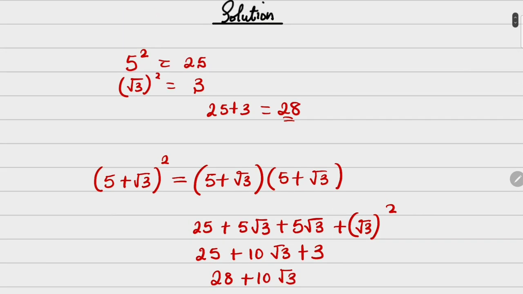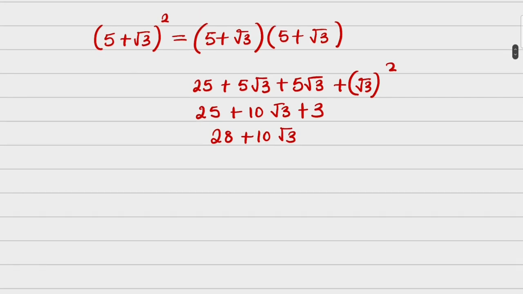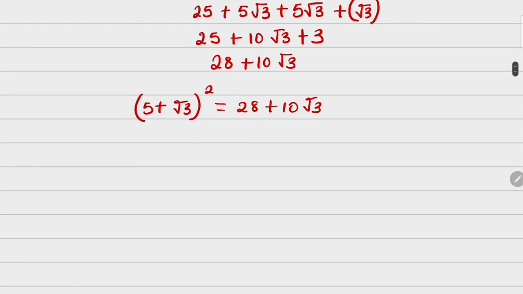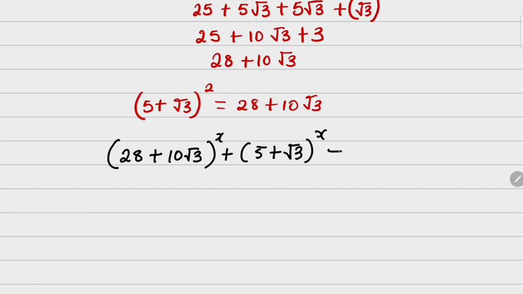So you see that what I was thinking of is actually true. I can now conclude that if I square 5 plus root 3, I am going to get 28 plus 10 root 3. But don't forget, our question is actually (28 plus 10 root 3) all raised to power x, plus (5 plus root 3) all raised to power x, is equal to 12.